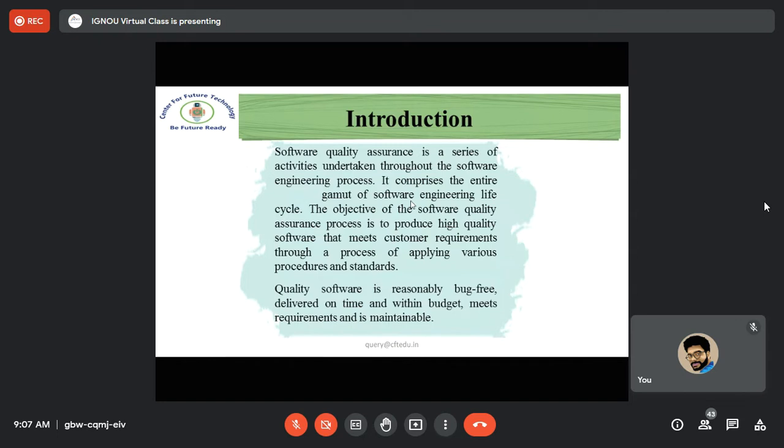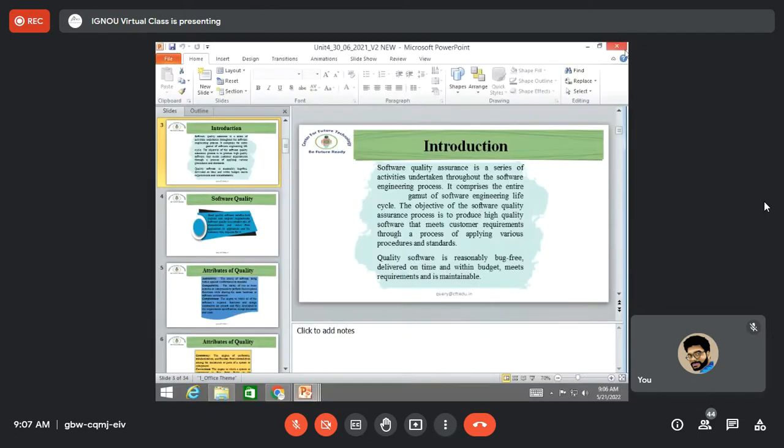Software quality assurance is basically a series of activities undertaken through the software engineering process. Quality is a cumulative sum of various factors which are involved in bringing about the quality.